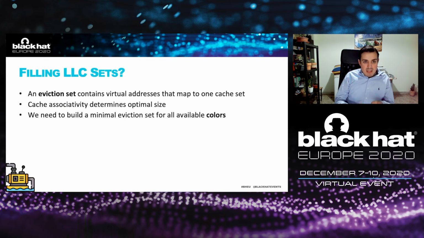Eviction sets, if you don't know them, are sets that contain virtual addresses that map to the same cache set. So the optimal size is given by the associativity of the cache.